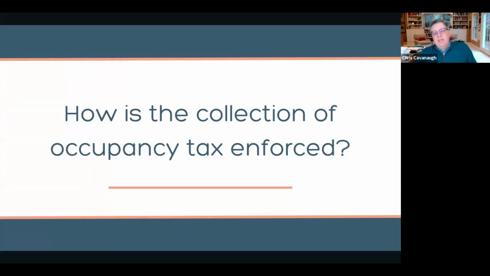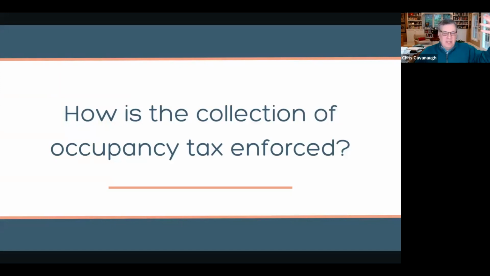So the local finance office can apply a penalty of 5% per month up to a max of 25% for any late returns. They can also apply a penalty of 10% if there's tax owed for late payment.